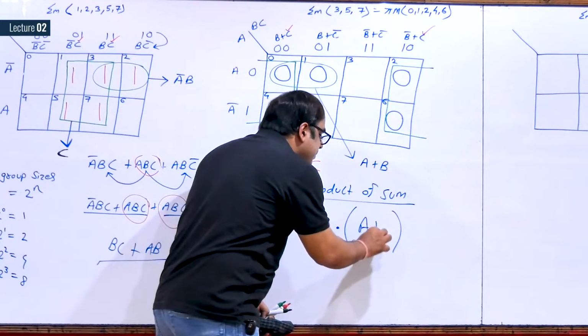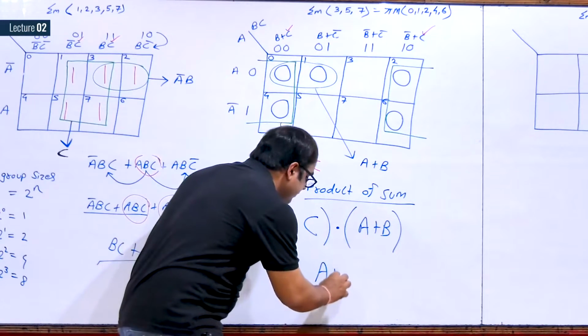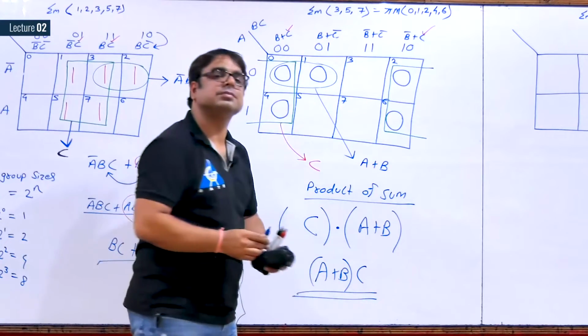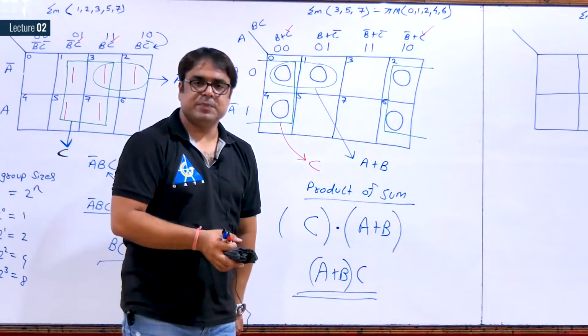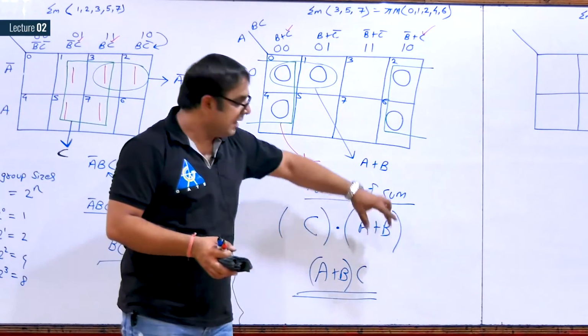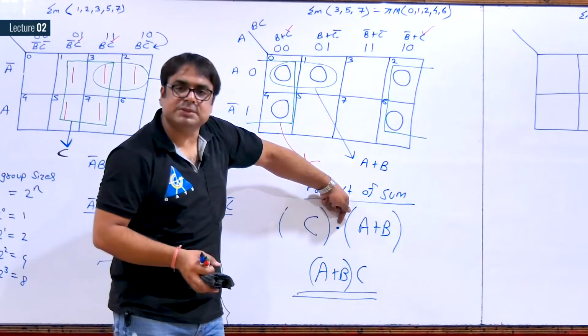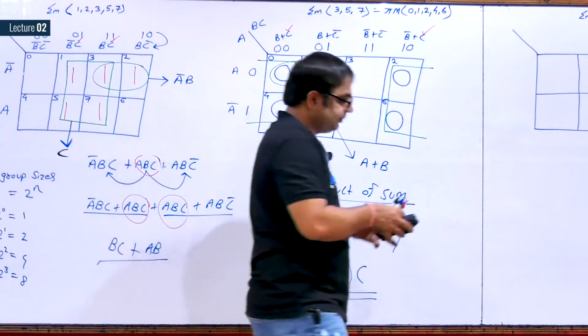So this sum term is A plus B and this sum term is C. This is your answer, A plus B dot C. Product of sum. Each term is a sum. We have to make a dot operation.